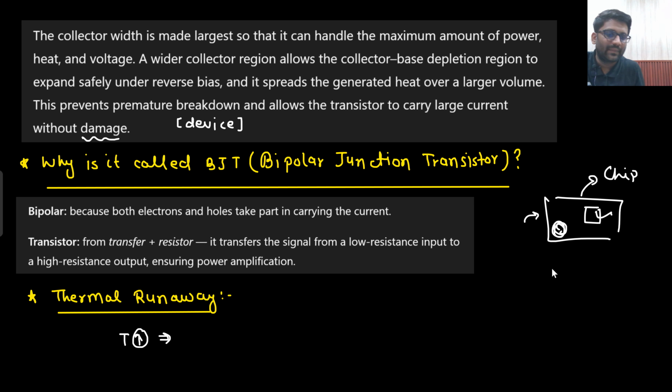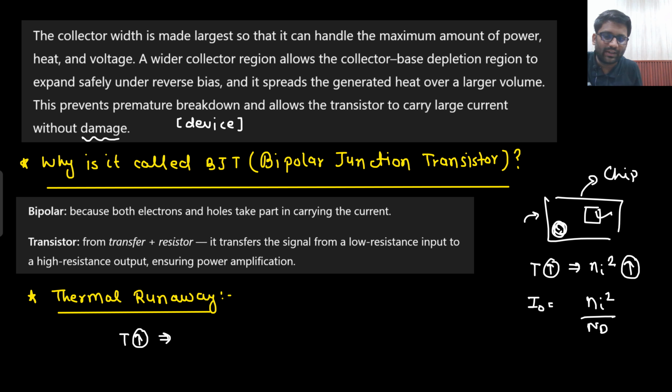Now you know one thing, that if temperature increases, then Ni also increases, because Ni is proportional to temperature. I told you Ni and temperature are inseparable brothers, right? Now what is your I naught? I naught is A q Dp Pn naught. So Pn naught is nothing but Ni square by Nd.